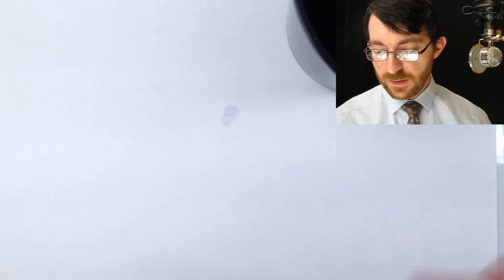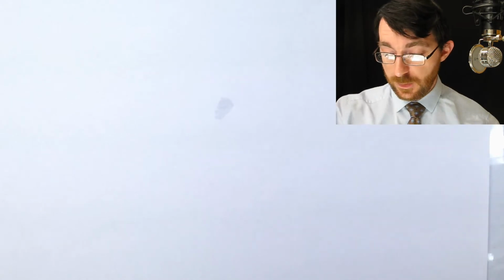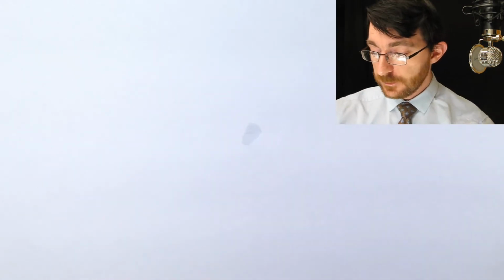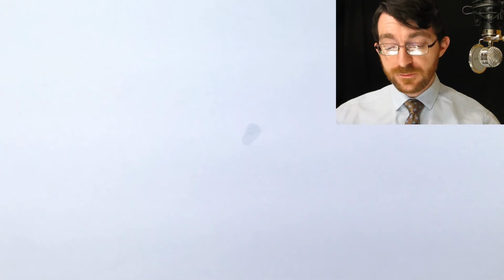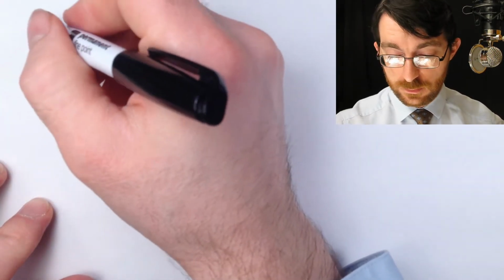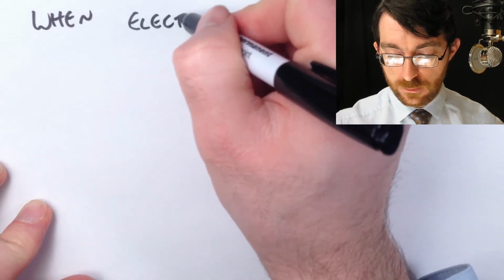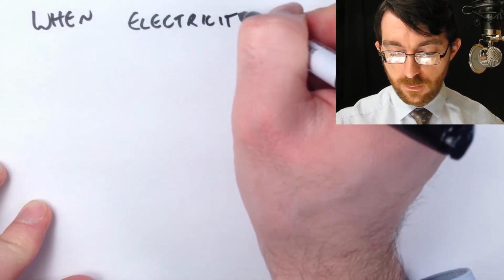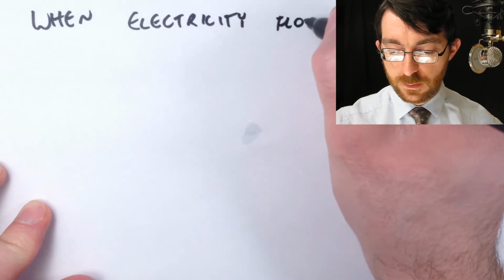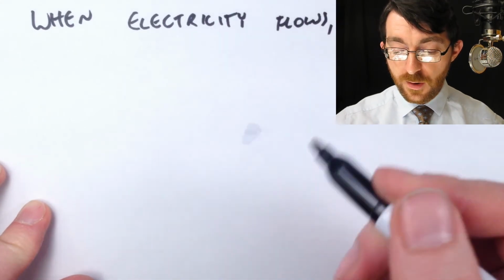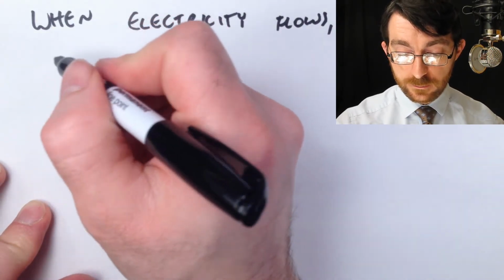And this is something that is worth pointing out about the technicalities of electricity. And that is that when electricity flows, there are literally electrons moving.